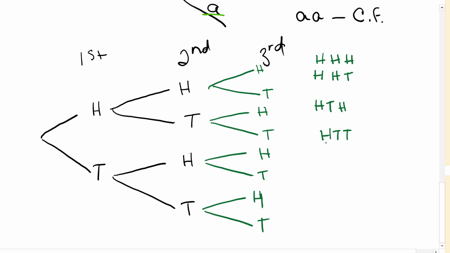This one is going to be a tail, head, head. Then we have the option of a tail, head, tail. We also have the option of a tail, tail, head. Or we have the option of a tail, tail, tail.